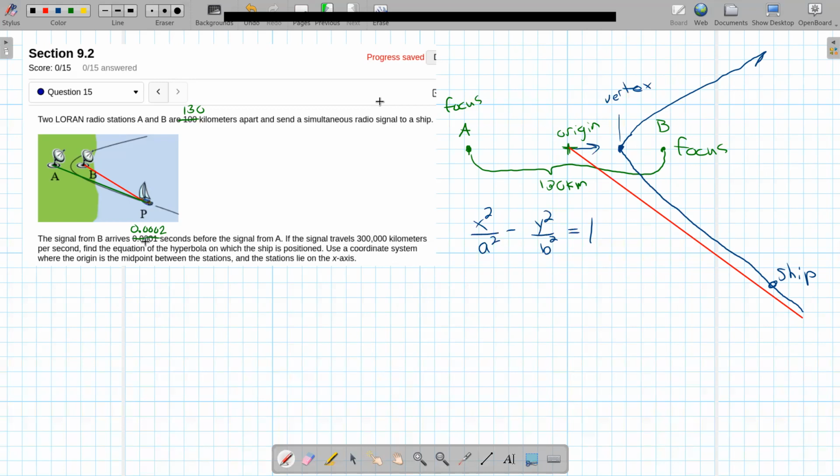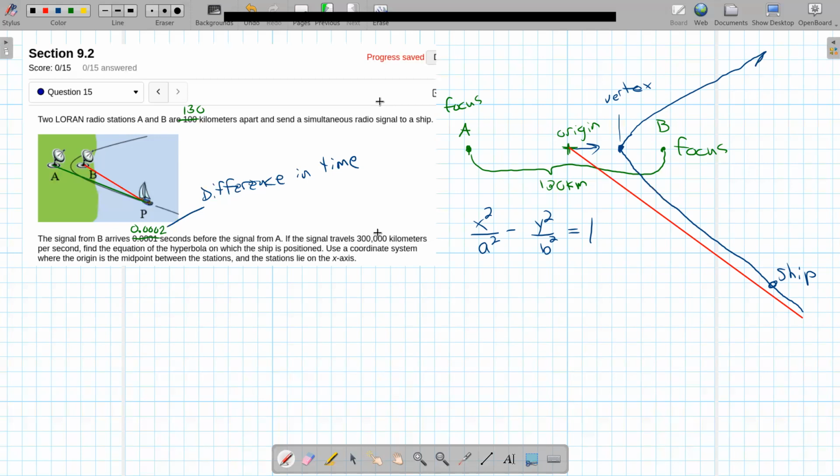I know the difference in time of the signal from A and B to the ship, and I know how fast the signal travels.